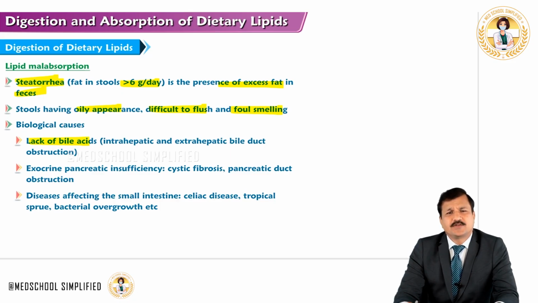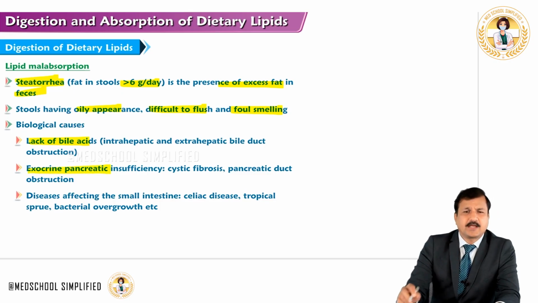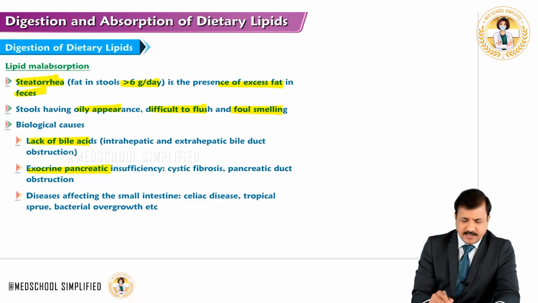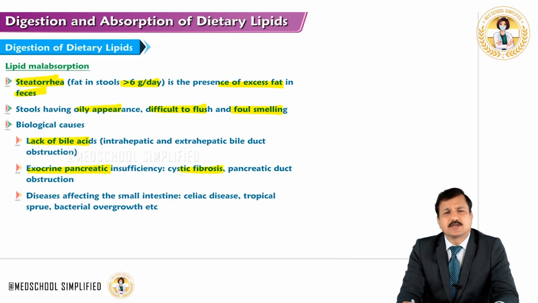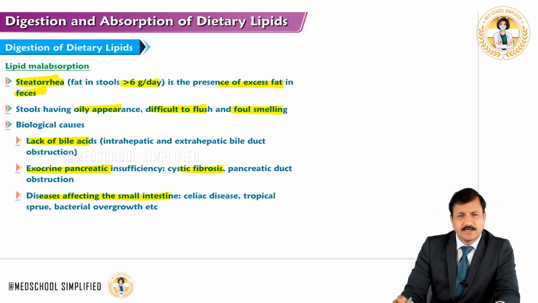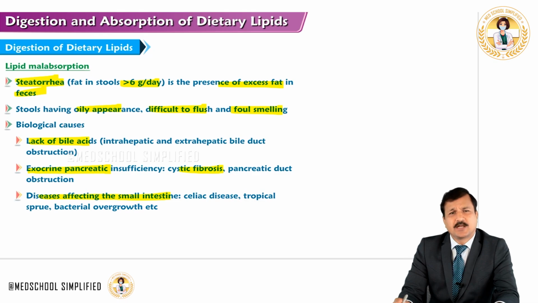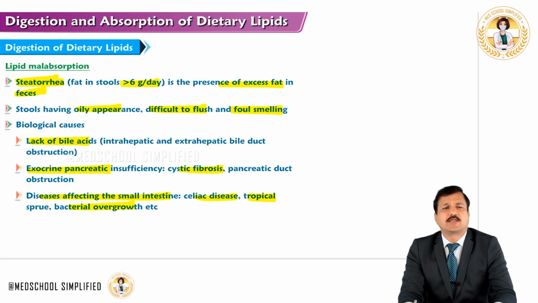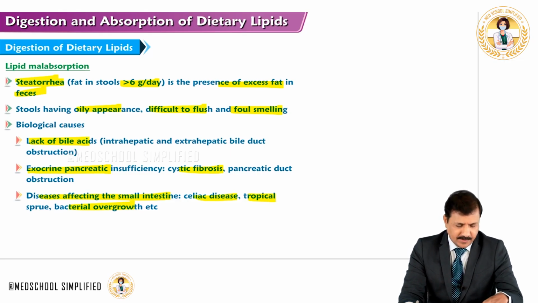Exocrine pancreatic insufficiency, where pancreatic juice is not coming into the duodenum for digestion, for example cystic fibrosis or pancreatic duct obstruction itself, or any disease affecting the small intestine can also lead to lipid malabsorption. Examples can be celiac disease, tropical sprue, bacterial overgrowth. All of them can lead to lipid malabsorption.